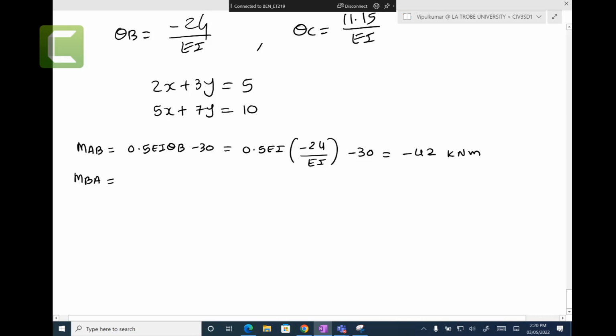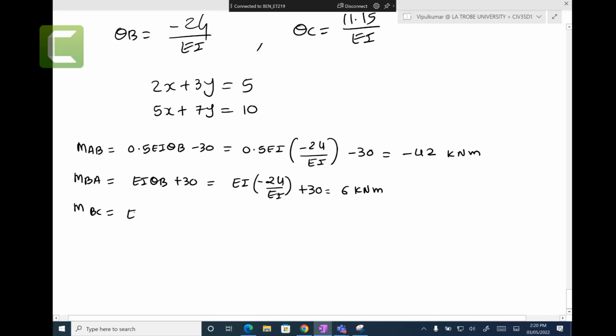MBA equal to EI theta B plus 30, EI times 24 on EI plus 30. So you got minus, so you got 6 kilonewton meters.